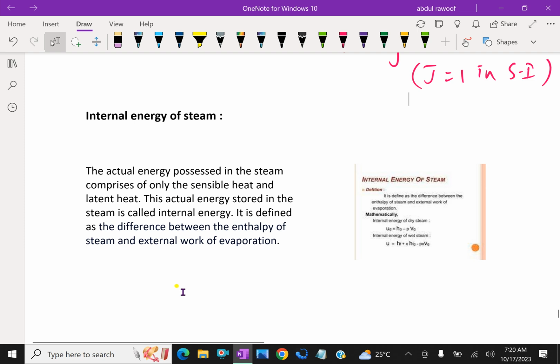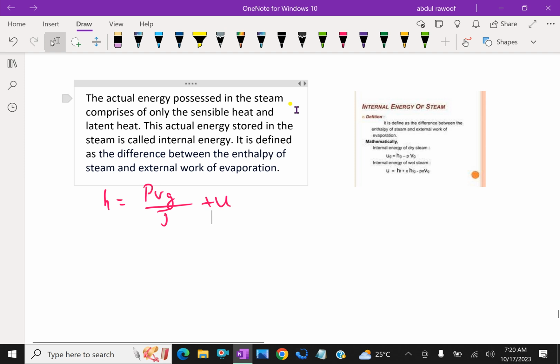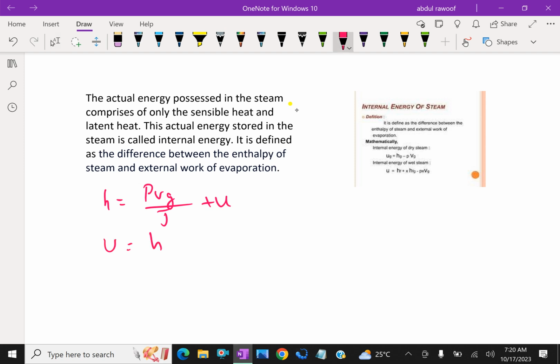In other words, enthalpy H equals P Vg over J plus internal energy U, where U is the internal energy of 1 kg of steam at pressure P. Therefore, we can write U equals H minus P Vg over J.